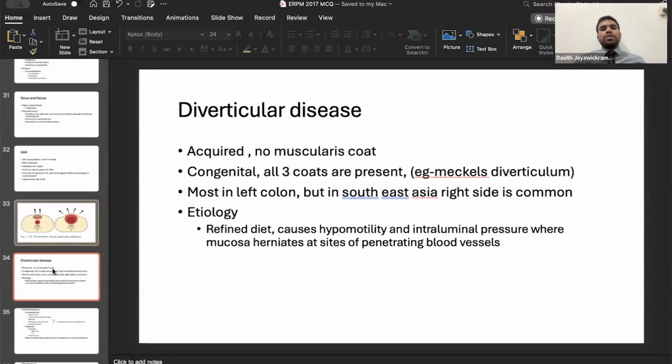The etiology is mostly seen in Western culture, where a lot of refined diet, low in fiber, and processed food is used, which causes hypomotility and increased intraluminal pressure, where the mucosa herniates through the sites of penetrating blood vessels.